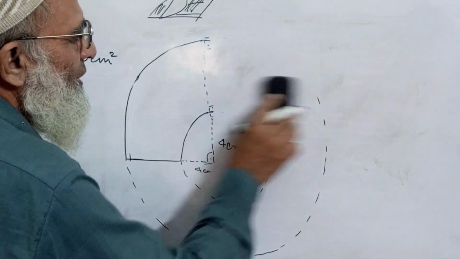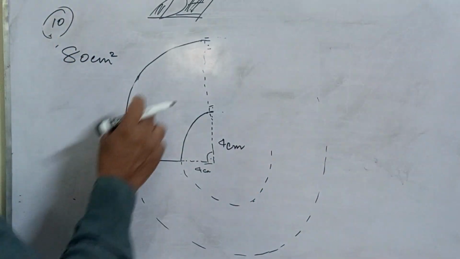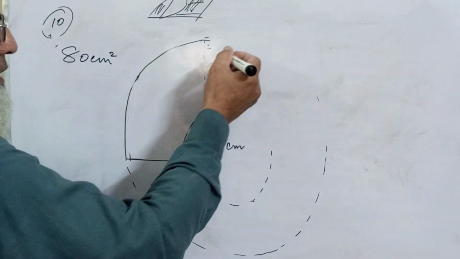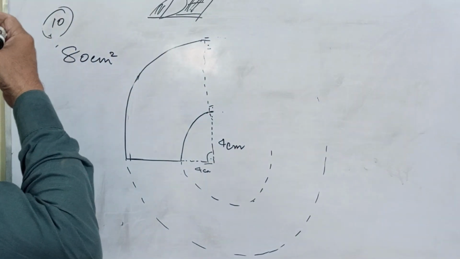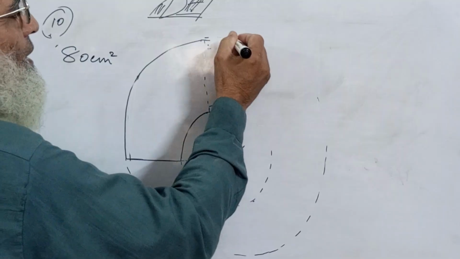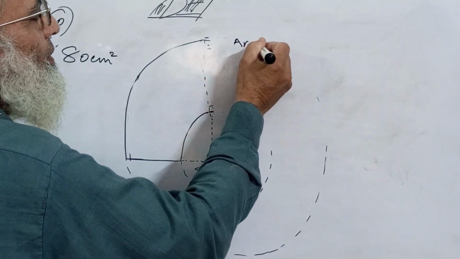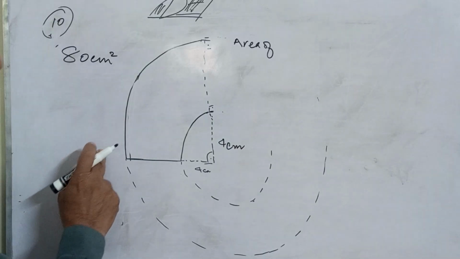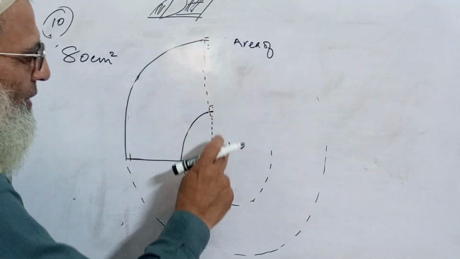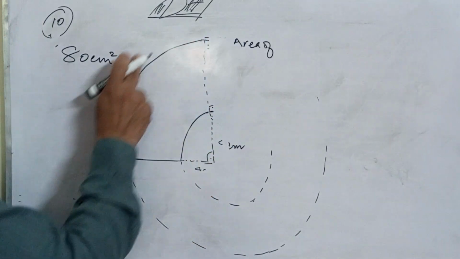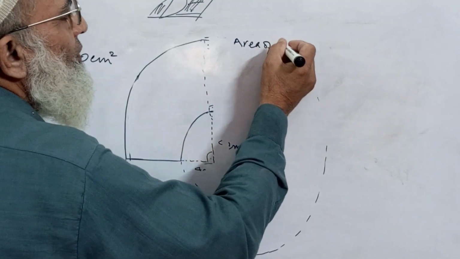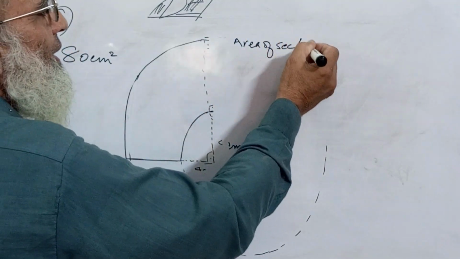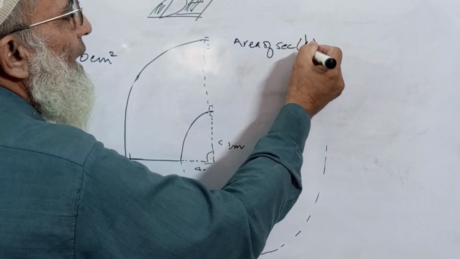So the area of the larger sector, from here, here, here, and here. Area of sector L, capital L.